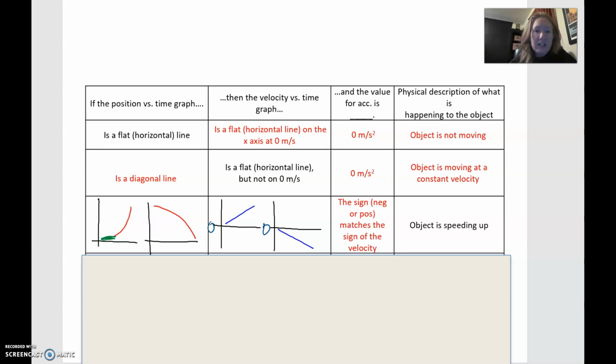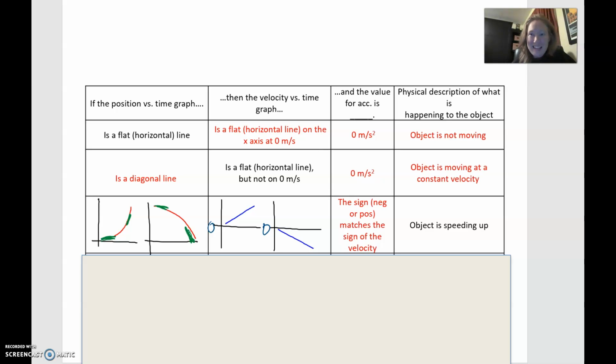But then if I check the slope at the end, it's very steep. And steepness, remember, is talking about speed on a position time graph. Same here. If I check the slope at the beginning, it's not very steep, pretty slow, that means. But then at the end, it's very steep right there.